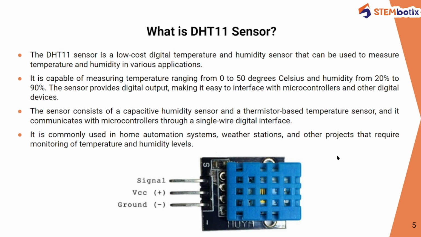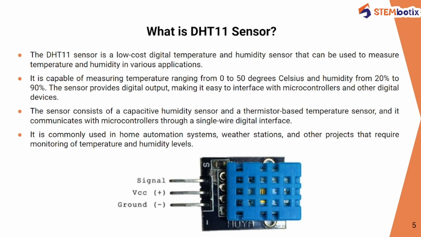This comes in two forms: the DHT11 sensor and the DHT11 module. The sensor has four terminals, whereas the module has three: signal pin, VCC pin and ground pin.